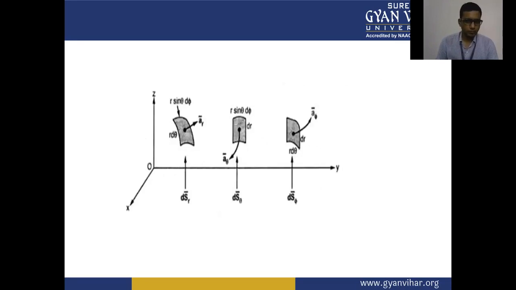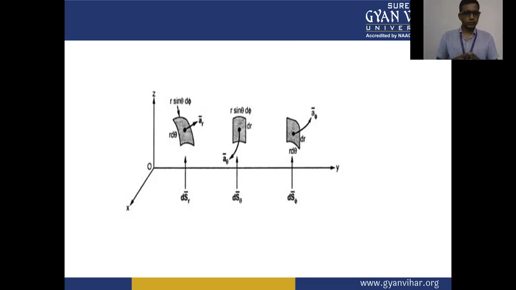This is the representation of our differential area in the unit normal vectors, that is r, theta, and phi. So we are able to find the xyz direction. In the xyz direction, the differential area dS_r, in the direction of normal vector a_r, is the multiplication of r d theta into r sine theta d phi.